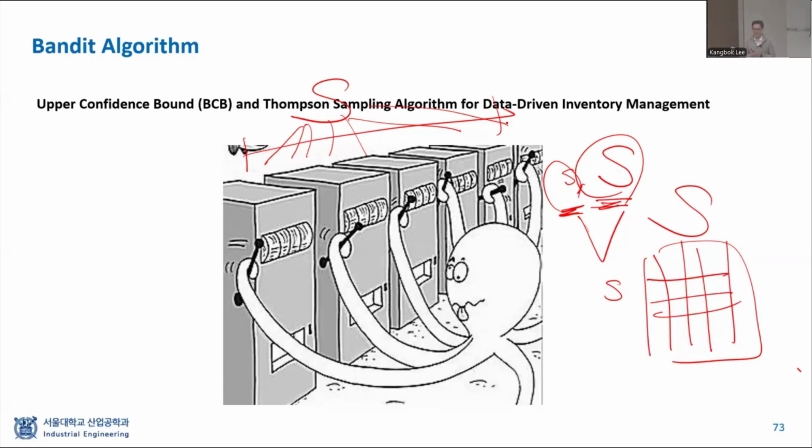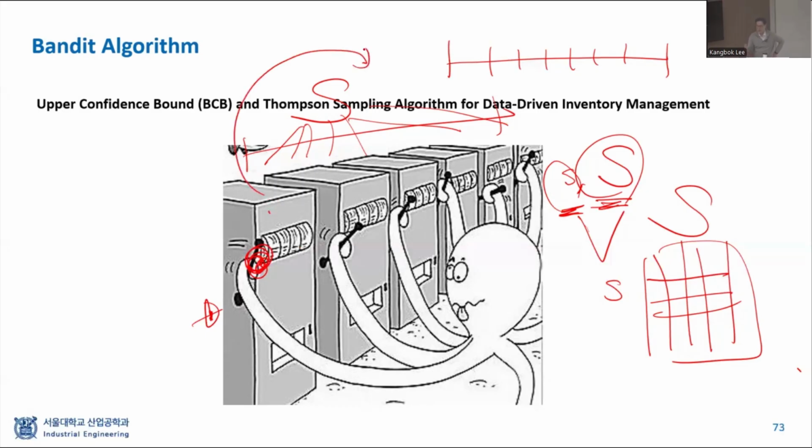Why isn't it the same problem? So think of the multi-period inventory problem. In the bandit setting, if you run one machine, then your result is not carrying over to the next time period.